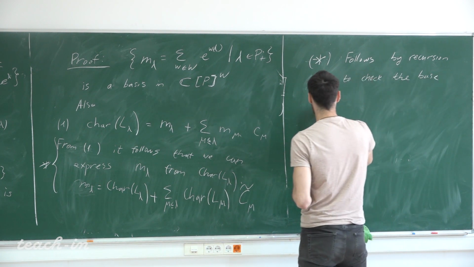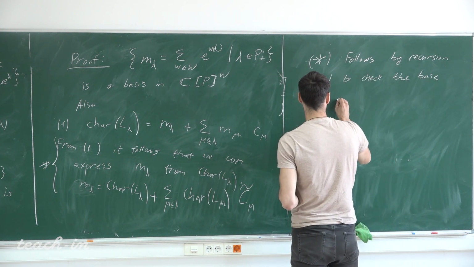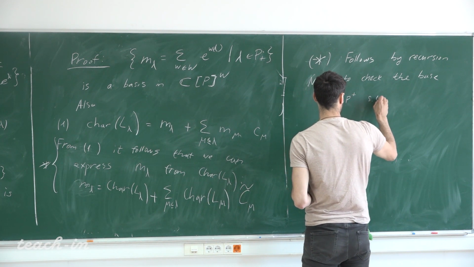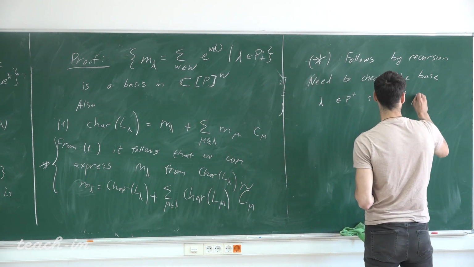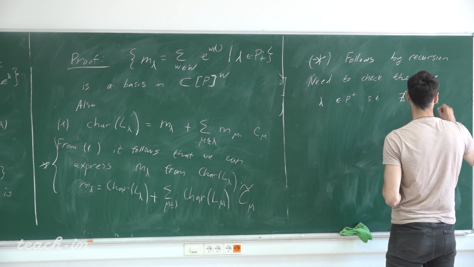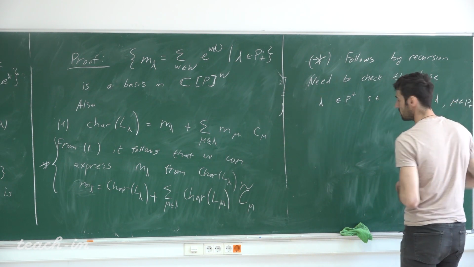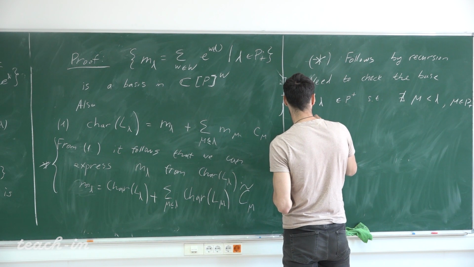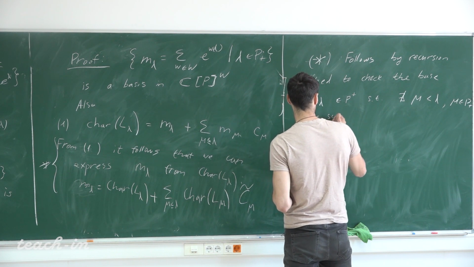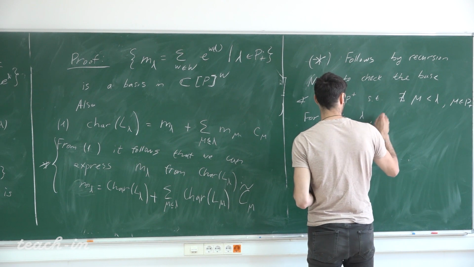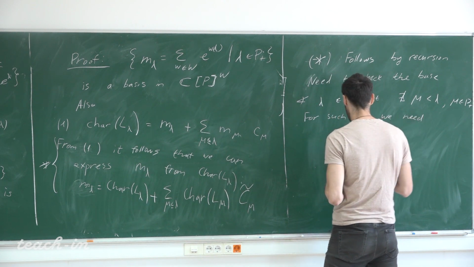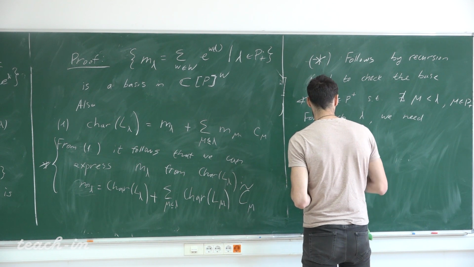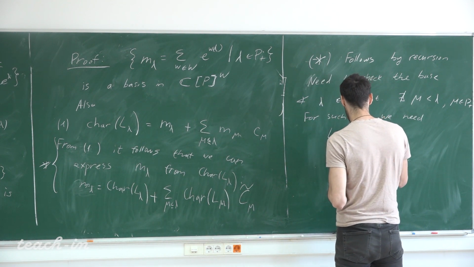And the base is the following. You just take lambda in P plus such that there is no mu less than lambda which is also in P plus. You just need to take all such lambdas. And for such lambda, we just need that L lambda is m lambda.